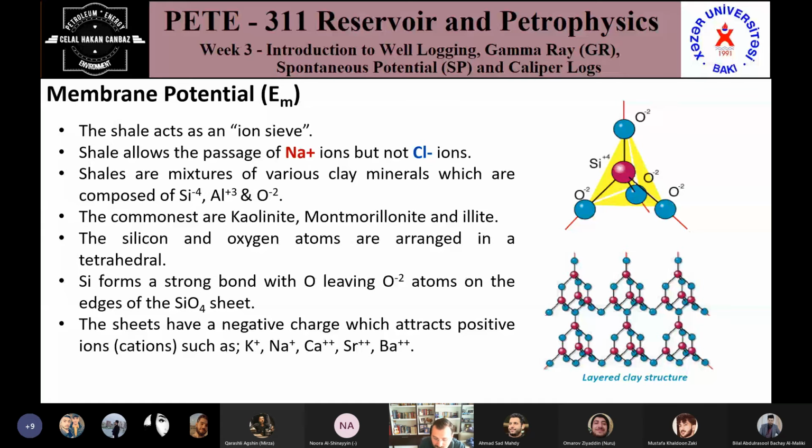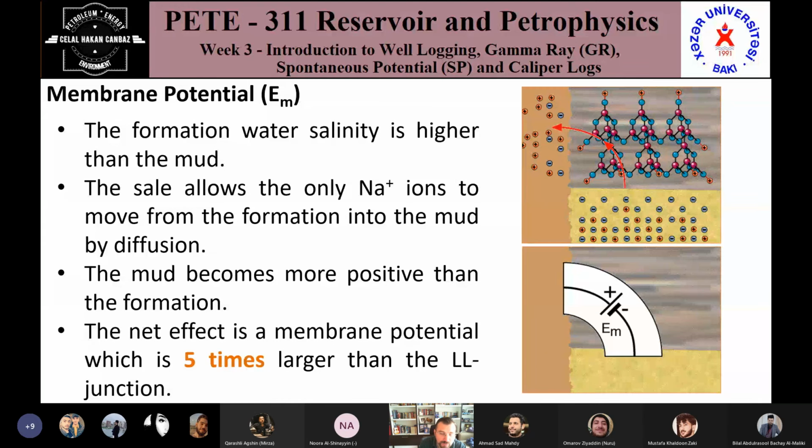So, in the membrane potential, the formation water salinity is higher than mud salinity. The shale allows only sodium ions to move from the formation into the mud by diffusion, not the chloride ions.